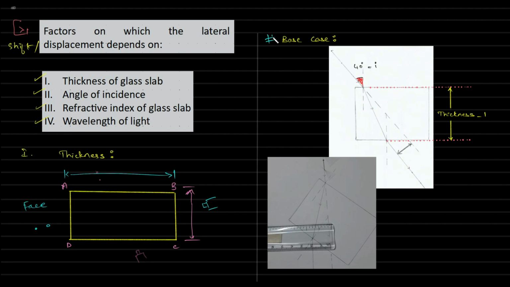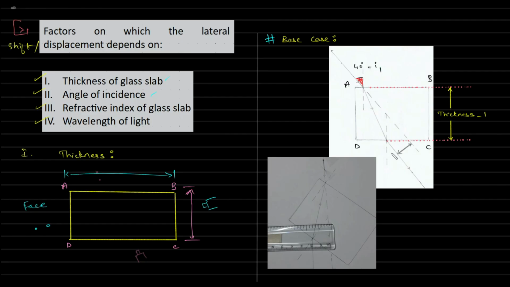So how are we learning this? I have a base case, and with respect to this, I'll be comparing the other two cases wherein I'm varying the thickness and angle of incidence. In the base case, I kept the angle of incidence I1 to be 40 degrees, and the thickness, if I call this ABCD, from B to C is your thickness.